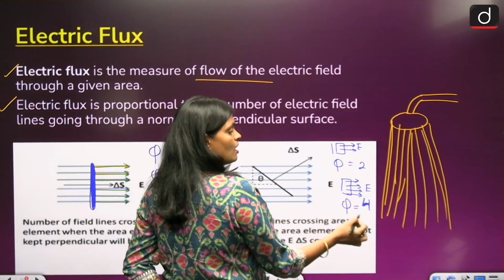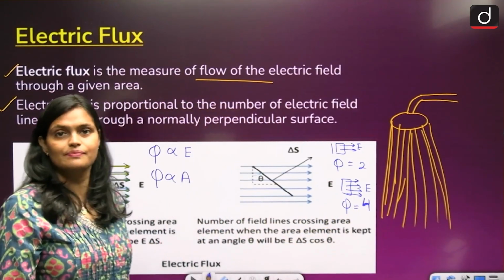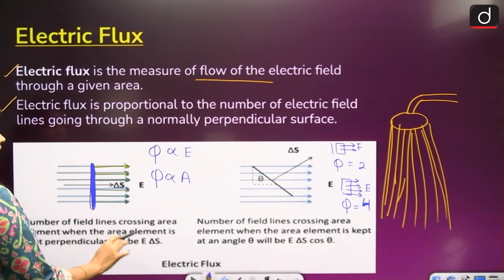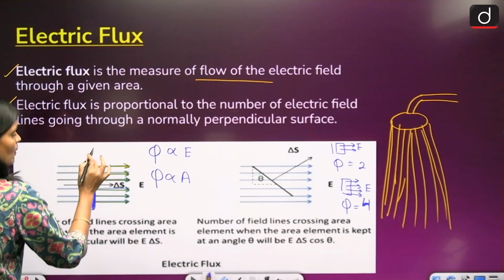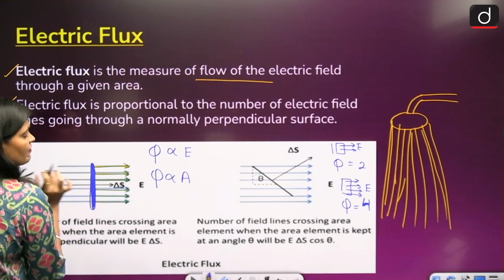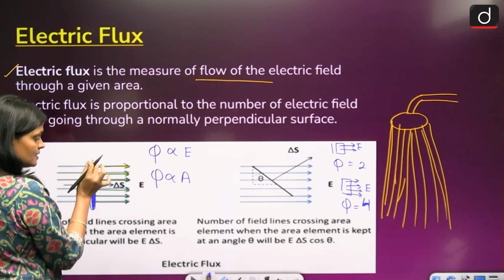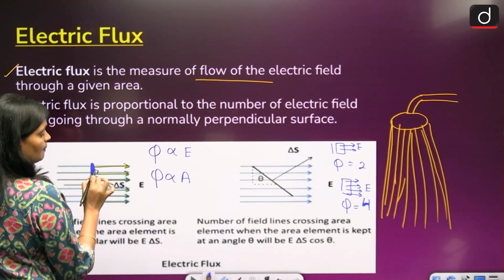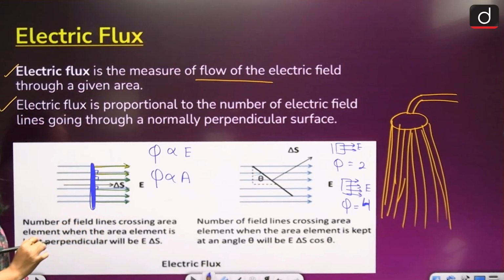More area, more flux, right? So here the number of field lines crossing the area is also perpendicular to the surface. See, this is the surface and the number of field lines going is perpendicular to the surface, right?